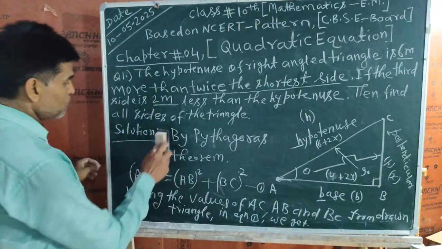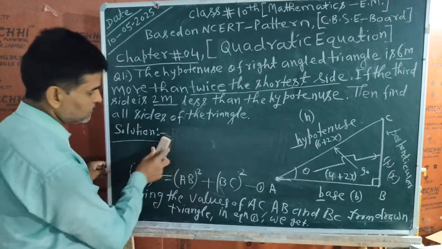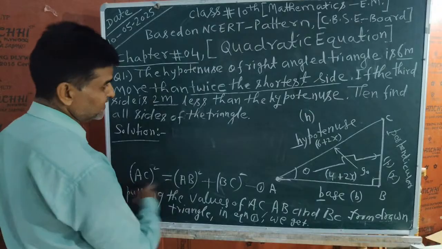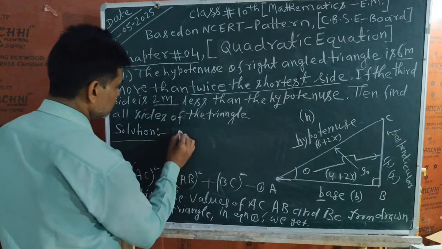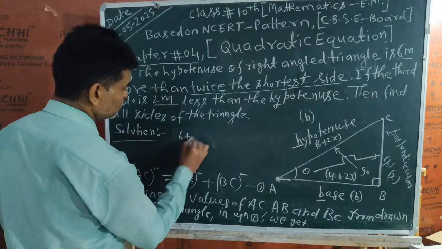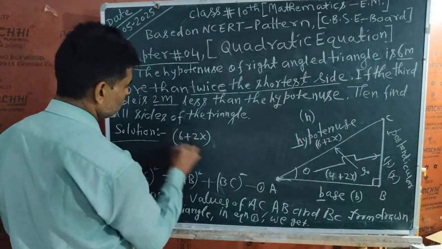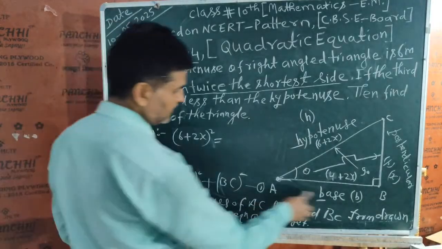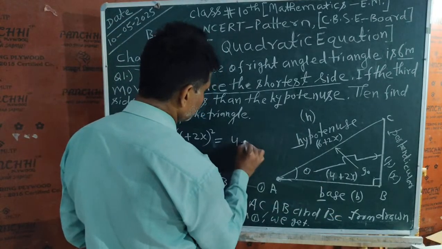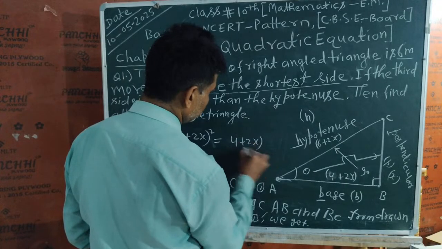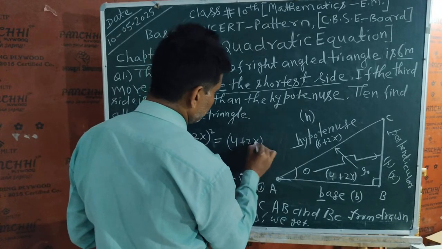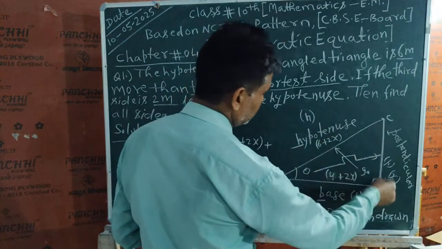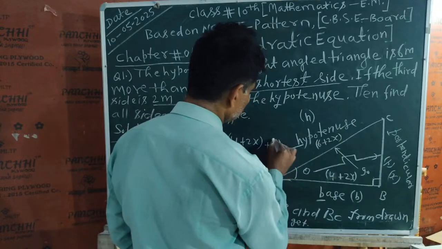Okay student, so now the above information I am going to erase, because I will substitute this value here. So in the place of AC I have to write 6 plus 2x, 6 plus 2x whole square, which is equal to, in the place of AB I will write 4 plus 2x, and plus, in the place of BC, x square.